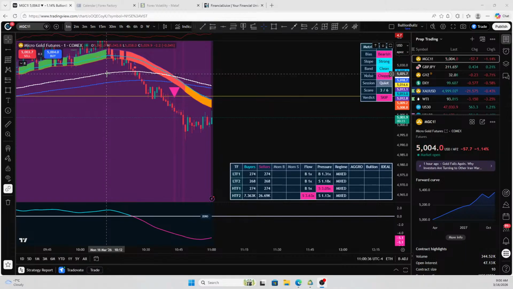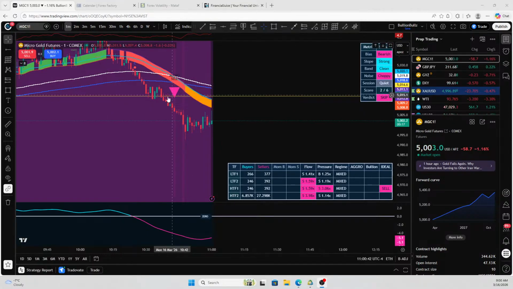It's better to wait. Now, one setup that I would want to see is price created a low, then it created a new low, broke that low, created a new low below the previous day low, and now price is pushing back up.